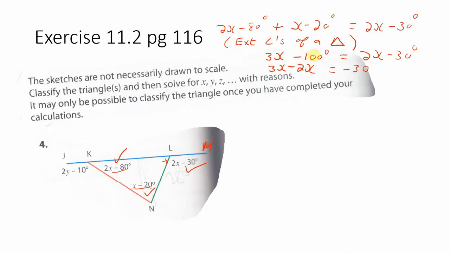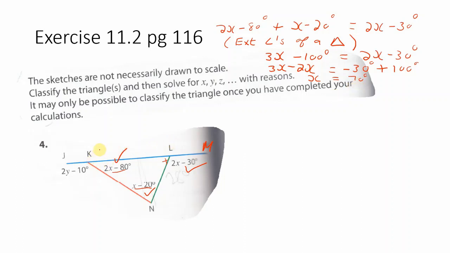I still need to move this negative 100 through the river, then it will become positive 100 degrees. So now 3x minus 2x is simply x. We have 100 degrees, we give away 30, we therefore have 70 degrees. So we know x is 70. Now we have to replace everywhere we see x with 70 degrees.